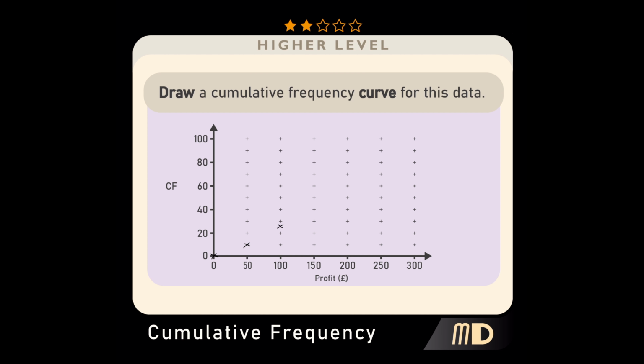The remaining points that we need to plot have coordinates 150, 50, 200, 80, 250, 85, and finally 300, 100.